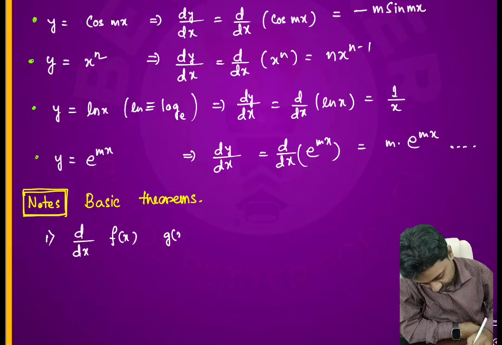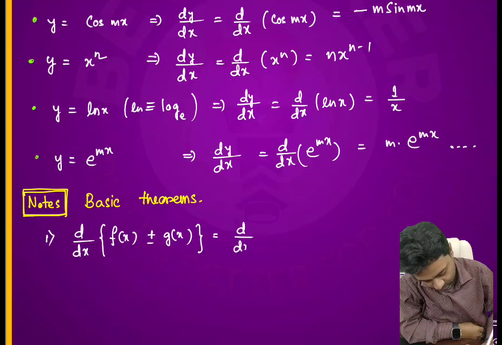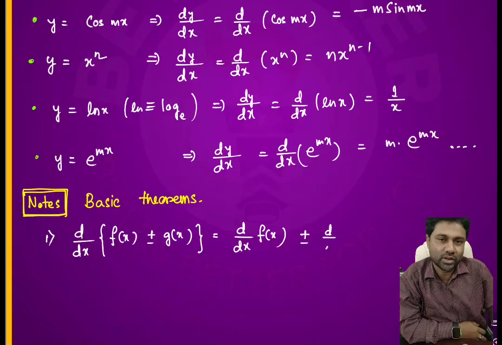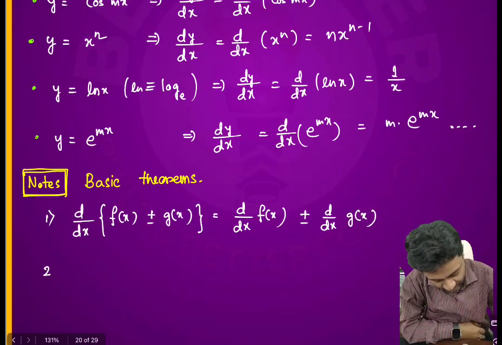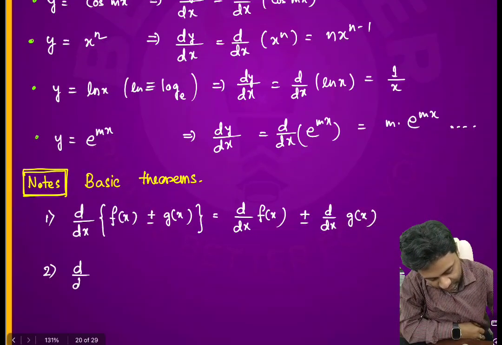Number one of them, derivative of two functions f(x) and g(x), if they have a sum or difference, can be found out by taking derivative of each of them individually. So d/dx of sum or difference of two functions f(x) and g(x) would be d/dx of f(x) plus or minus d/dx of g(x). You know that.